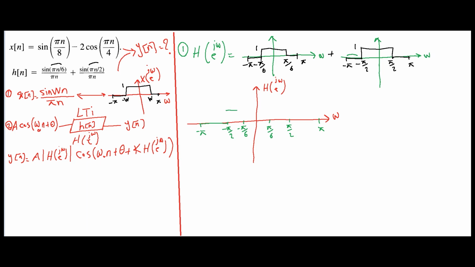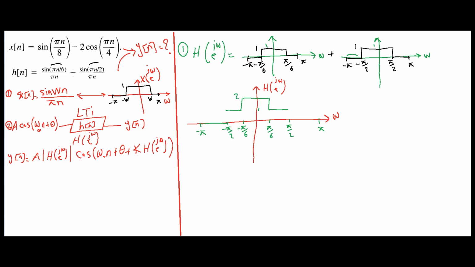If we analyze the sum in the interval from minus π to minus π/2, both pulses are 0. In the interval from minus π/2 to minus π/6, one pulse is 1 and the other is 0.